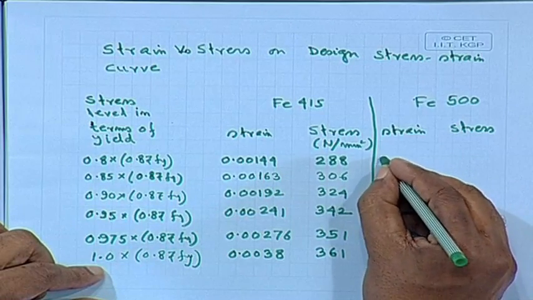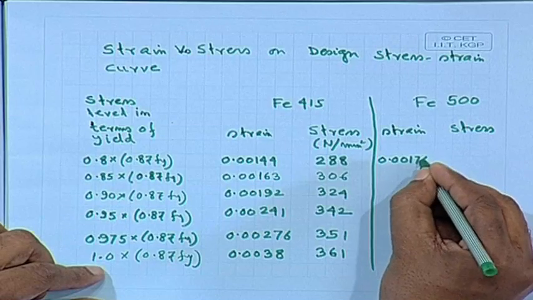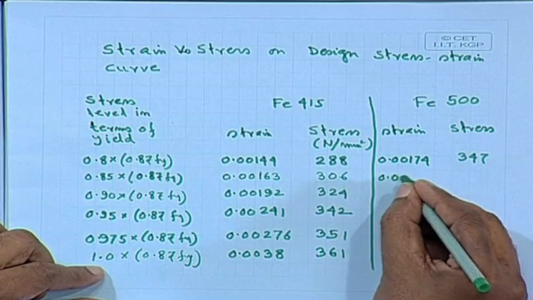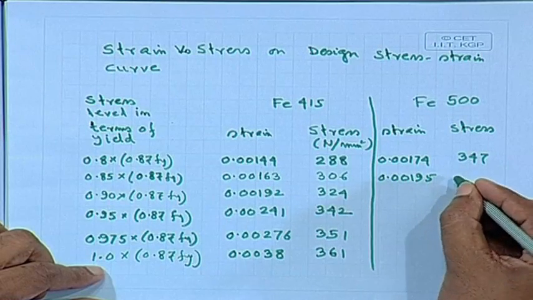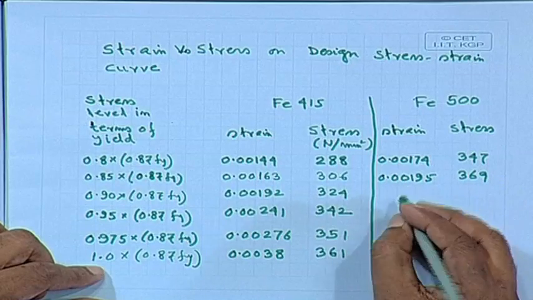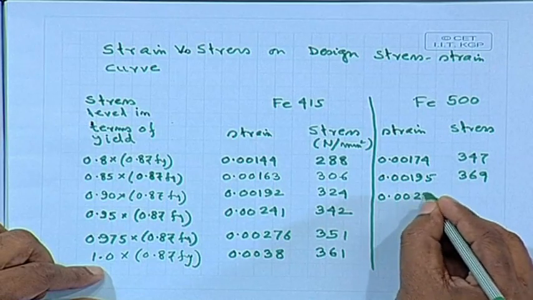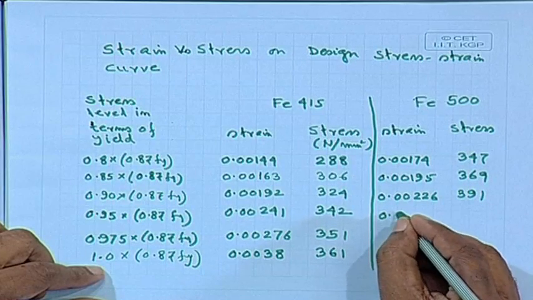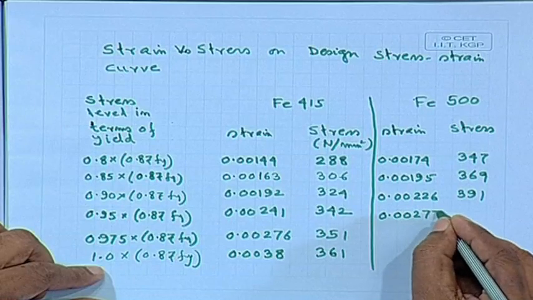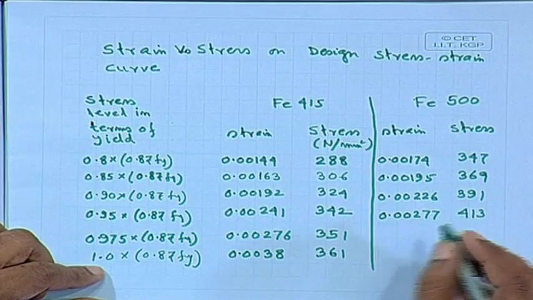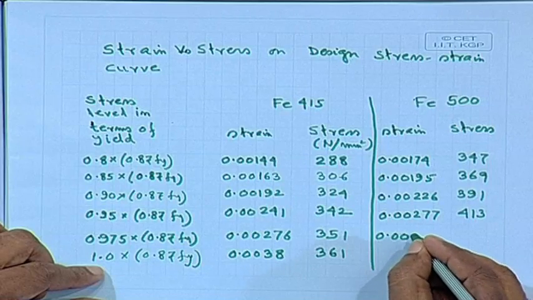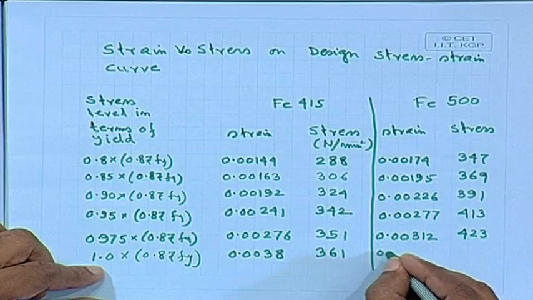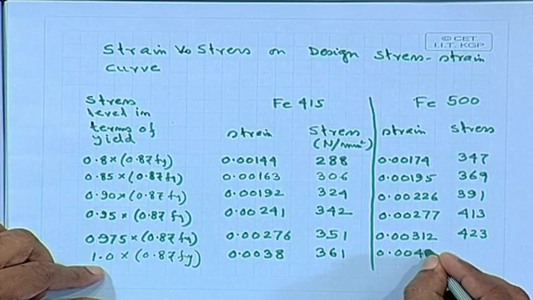We get 0.00174, 347, 0.00195, 369, 0.00226, 391, 0.00277, 413, 0.00312, 423, 0.00417, 434.